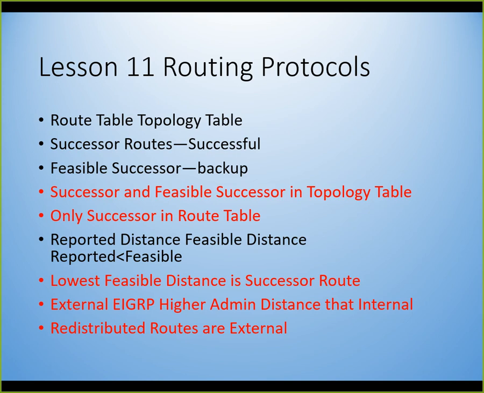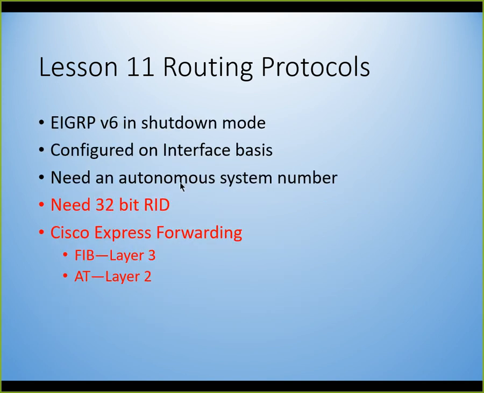The internal is 90, and the external administrative distance was 170. When we redistributed RIP into EIGRP, lo and behold, they became external routes, and they had an administrative distance of 170, which is what we would expect for the external routes.